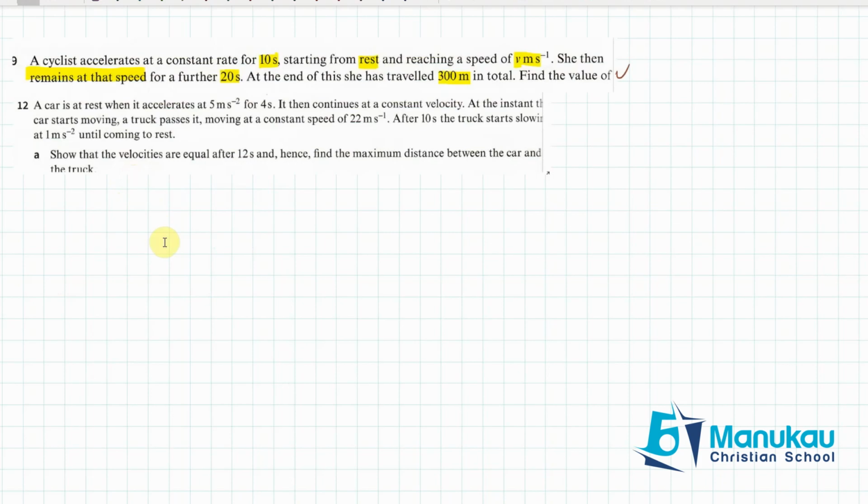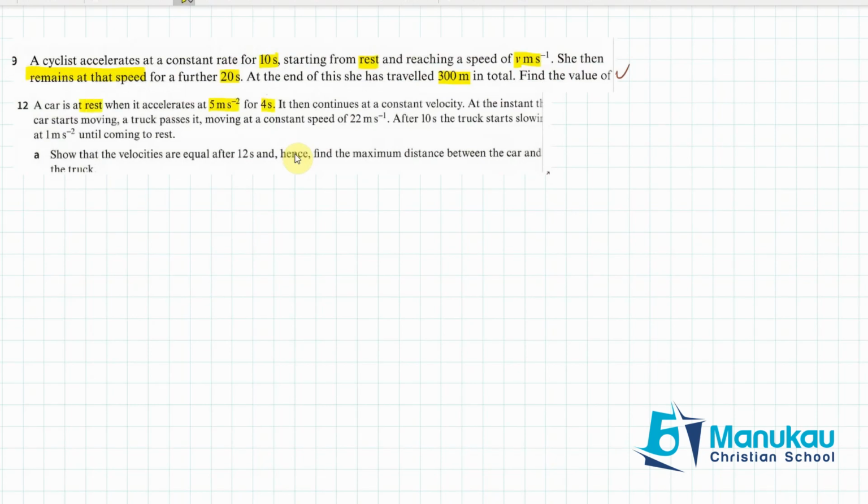And for this question here, we have a car at rest, accelerating at 5 meters per second squared for 4 seconds.